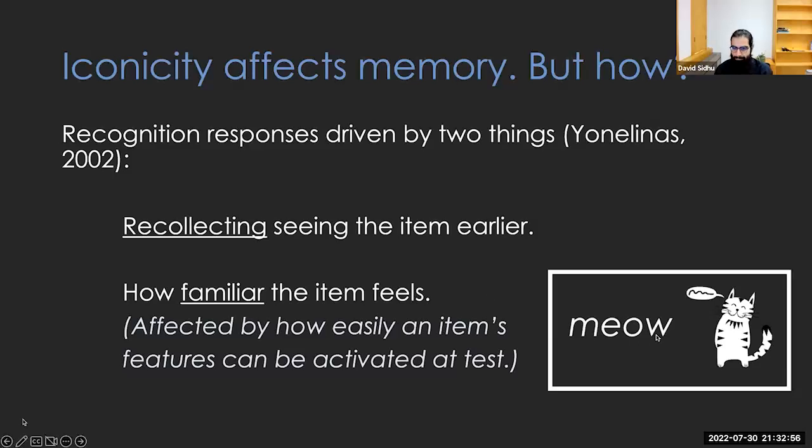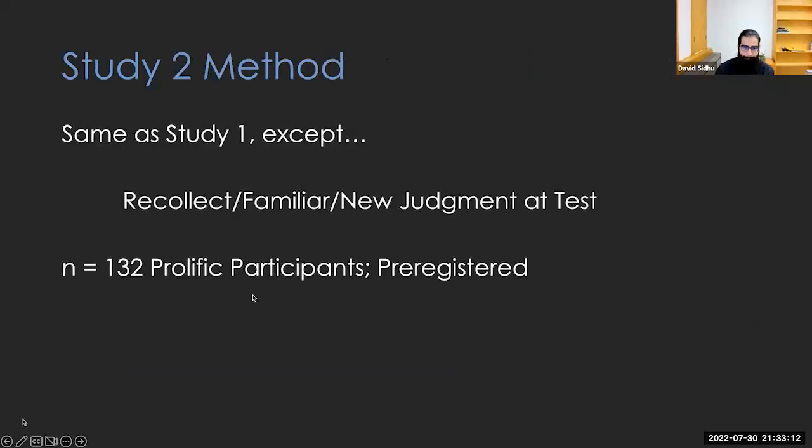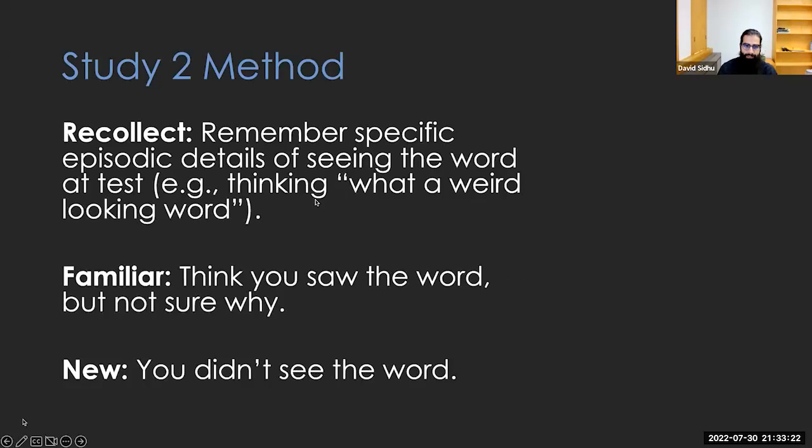Because if you think about a word like meow, which is actually depicting its meaning, potentially because of that depiction, it's making these features easier to retrieve. So this is what we're going to test in study 2, that maybe these effects are driven by feelings of familiarity. Study 2 was the exact same setup as study 1, except that instead of just judging the words as old or new, they made a three-way distinction between recollect, familiar, and new.